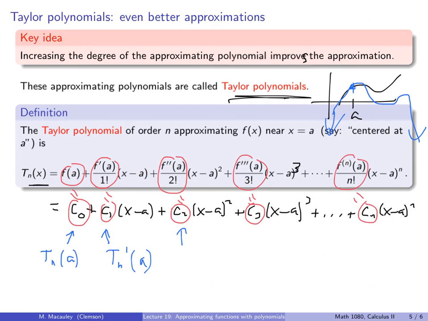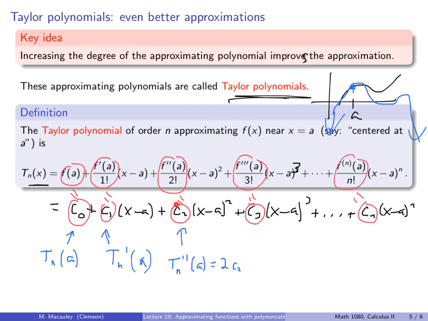So let's take two derivatives and plug in a. Again, these earlier terms get killed off, and when I plug in a, each of the later terms gets killed off as well, because a couple of powers come down, but we still have an x minus a. So Tn double prime of a is actually equal to 2 c2.